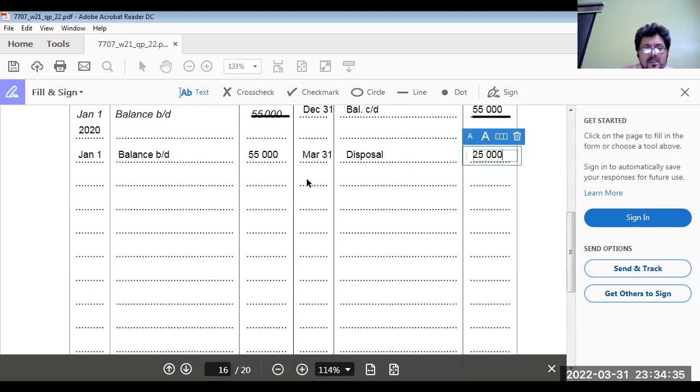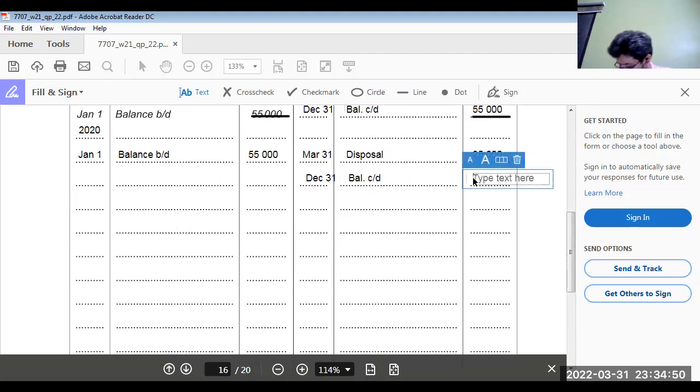Sent to disposal. Now December 31st, 2020, we have balance carried down. How much is left with us? Carried down 30,000. So both the sides we have now.